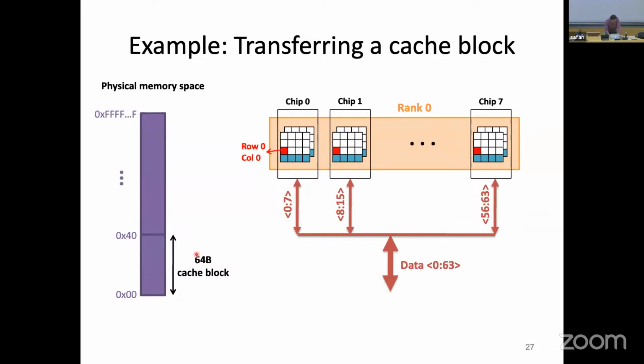So how do we place this data? 8 bytes of a cache block will be spread across 8 chips. So each chip will receive 1 byte in each clock cycle. This clock cycle is from the perspective of the DRAM bus. So each chip receives 1 byte.